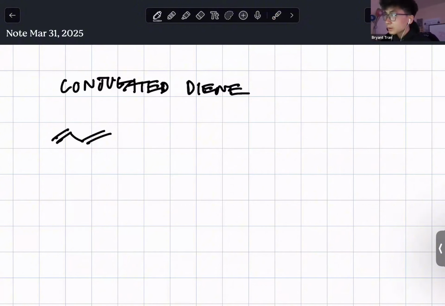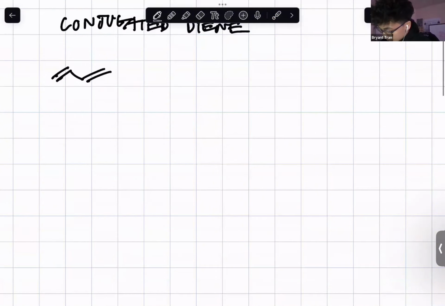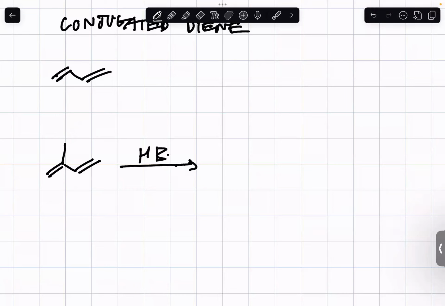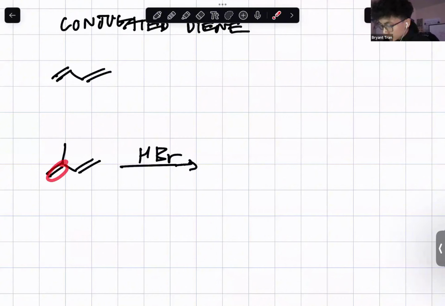I'm going to add a methyl group on the second carbon, and let's react this with HX, where it could be HCl, HBr, or HI. I'm going to use HBr. We have two alkenes that can react with this HX.